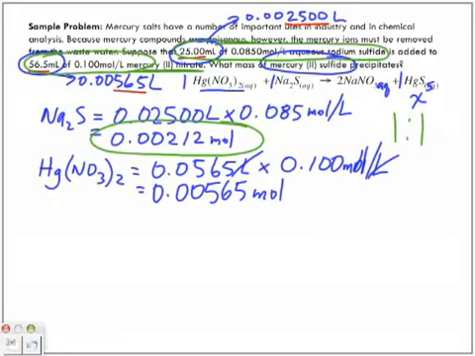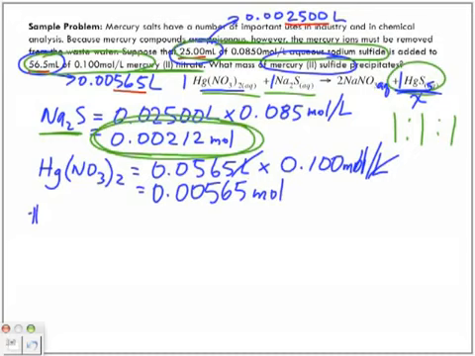It's not really going to make any difference. Which means the sodium sulfide is going to run out first, and this is the number of moles that we are going to create of mercury 2 sulfide.